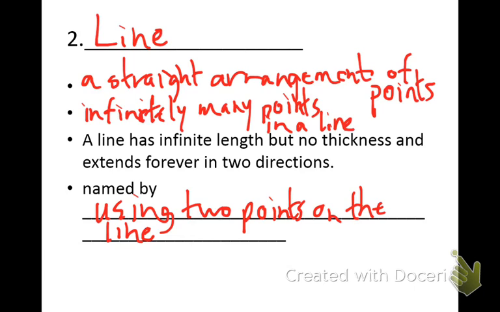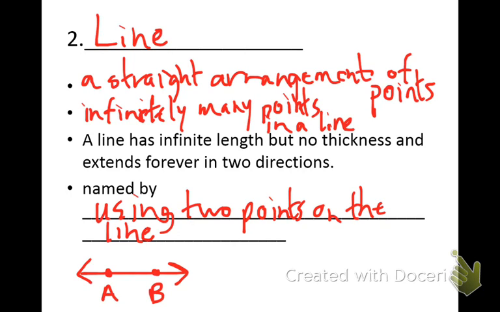So here's how we show a line. A line has arrows on the end. If it doesn't have arrows on the end, then it's just a segment, a line segment. Most of the time, that's what you think of when you think of line. You think of a line segment, but a line actually continues on in both directions, so we put arrows at the end.